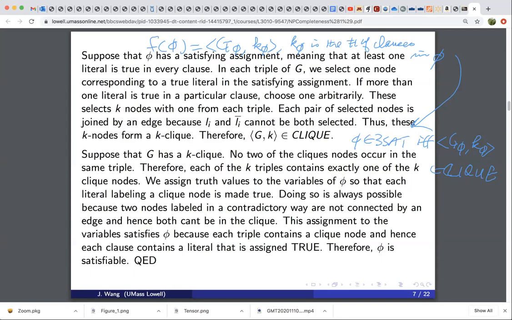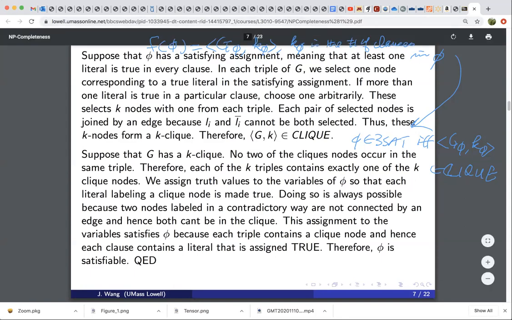Because you have k clauses and this is under one truth assignment that makes phi satisfiable, each clause must have at least one literal that is set to true. Otherwise, you won't be able to evaluate phi to be true. Okay, so that is the first thing.